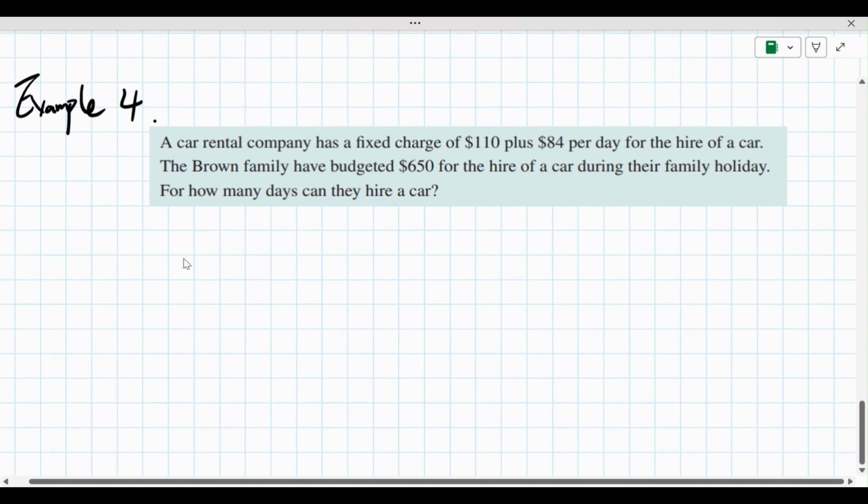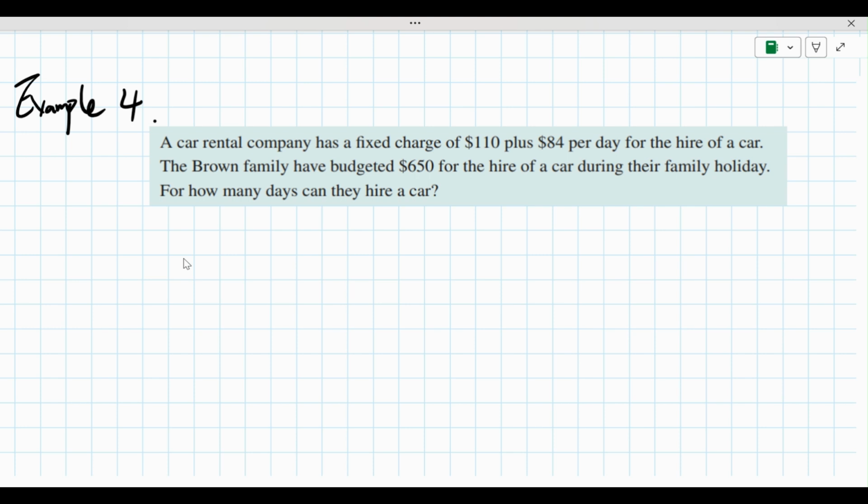Now we have a worded question, and I'm going to do it by hand, and also with the CAS calculator as well. First, the car rental company is charging $110 and also $84 per day for hiring the car.